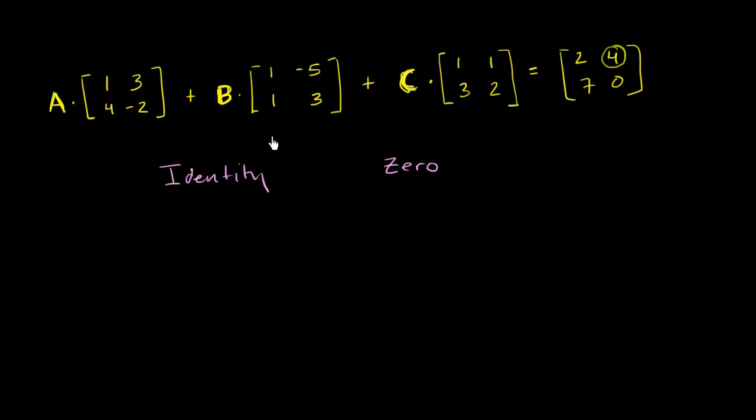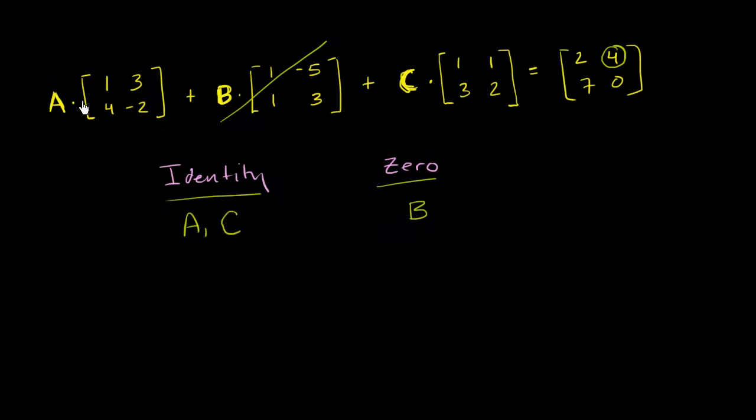So our last scenario is that we can essentially rule out B as an identity matrix, because when we had B be one of the identity matrices and we picked the other two options, we still couldn't get to 4 here. So B is going to be a 0 matrix, and let's see if that works out. A would be an identity, and C would be an identity matrix as well.